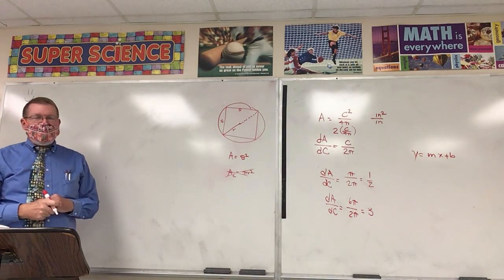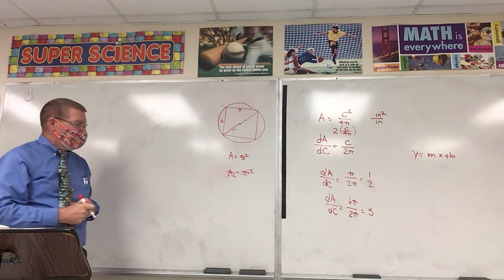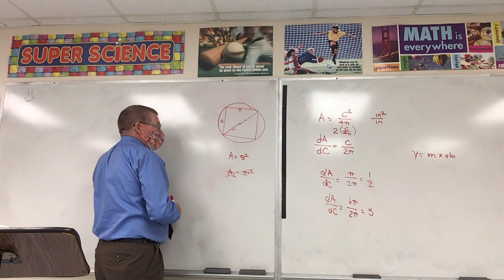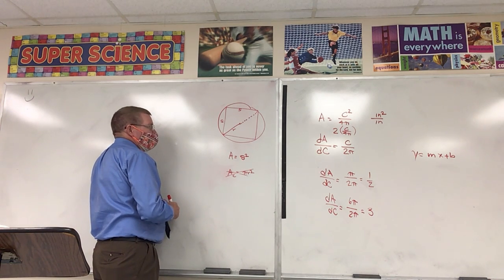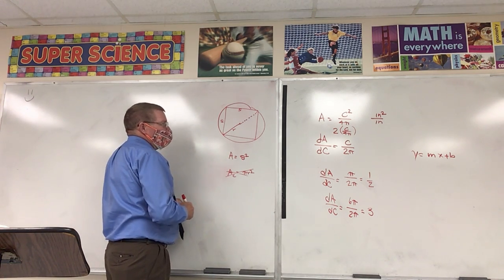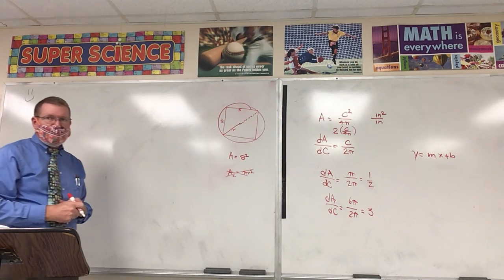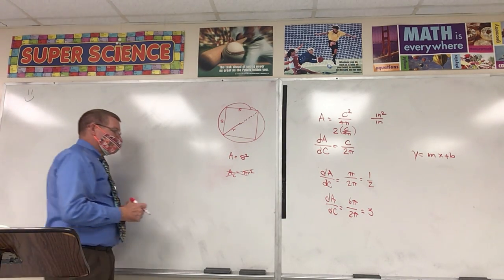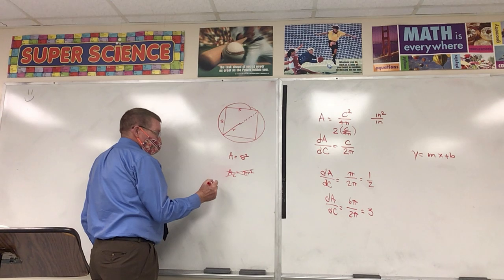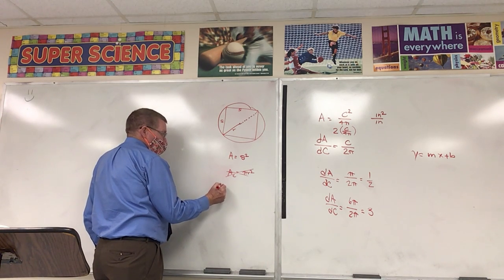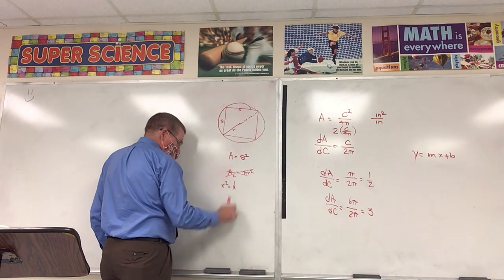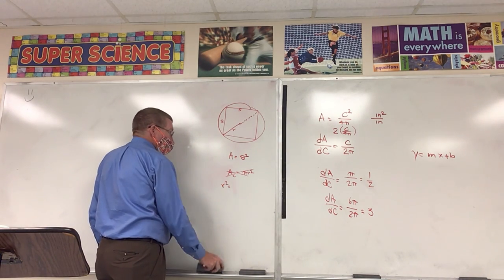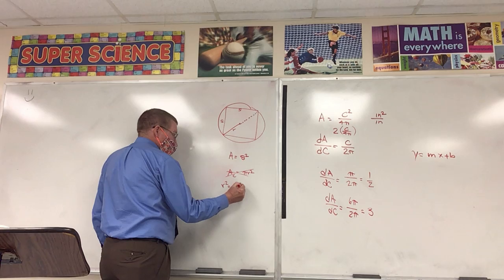How can I relate s and r now? Pythagorean theorem: r squared equals s squared plus s squared.